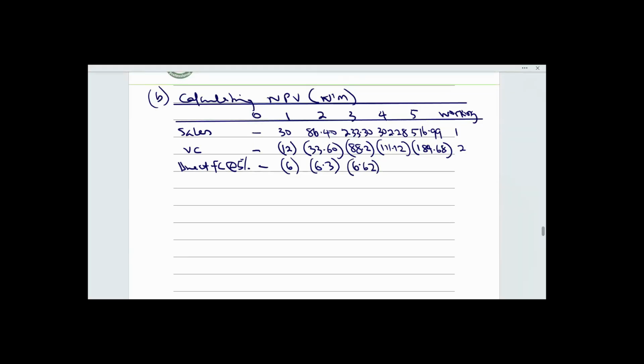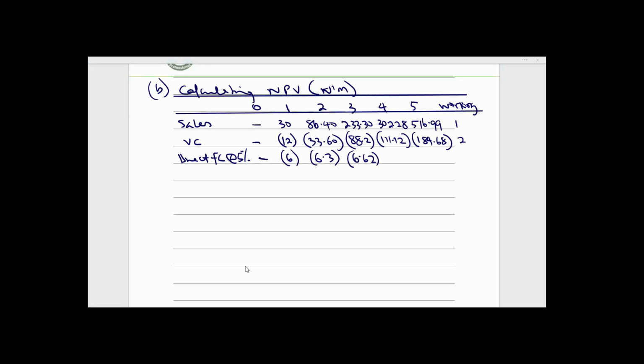Again, what you have in your calculator, multiply by 1.05, equals 6.95. Year 5, what you have in your calculator, multiply by 1.05. That's 7.29. With this, I've inflated the direct fixed cost.